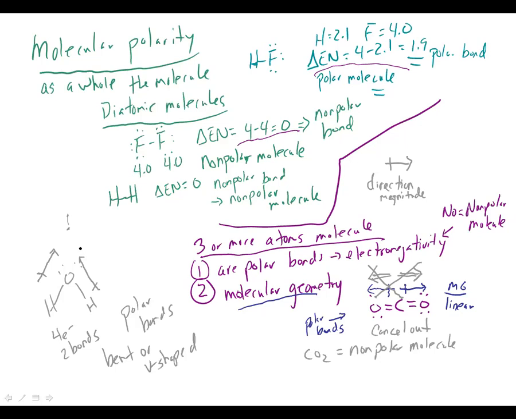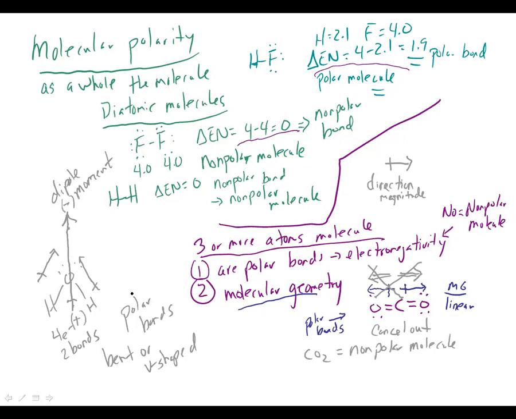And what ends up happening with something like water is it gets what is referred to, I'll draw a big one here, as a dipole moment. A dipole moment is represented with the same sort of dipole arrows. Basically what this means is the oxygen side of water is more negative and the hydrogen side of water is more positive.